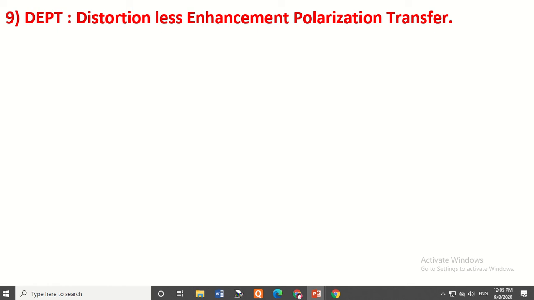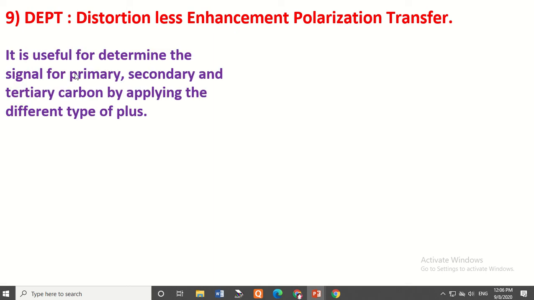Now friends, the next technique is called distortionless enhancement by polarization transfer, DEPT. Such a technique is useful to distinguish CH3, CH2 and CH carbons, that is, to distinguish between primary, secondary or tertiary carbon by applying different types of pulse.